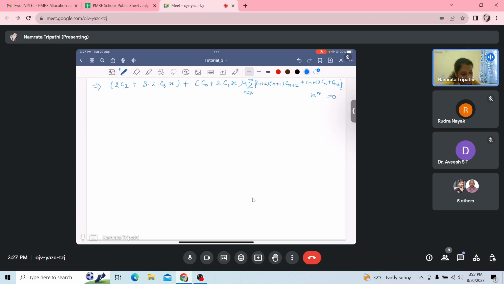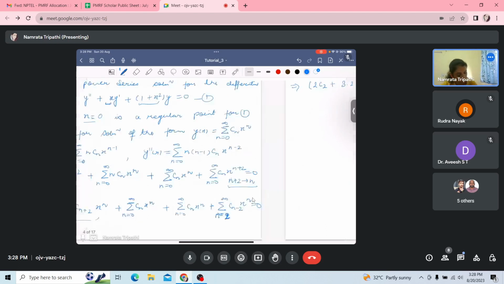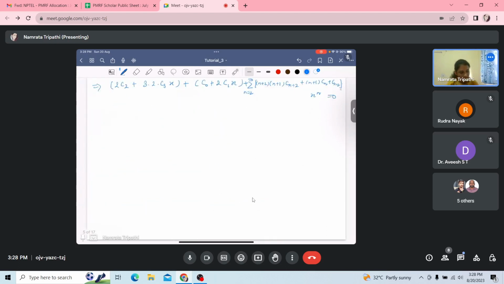Okay, after putting n equals 0, 1 in these two terms, we will get this equation.